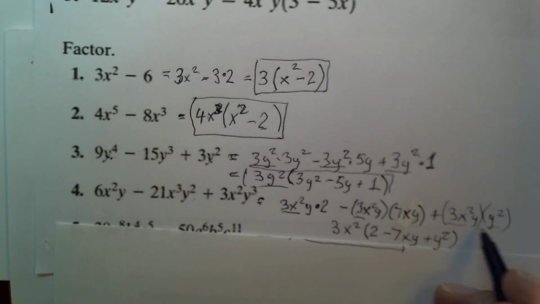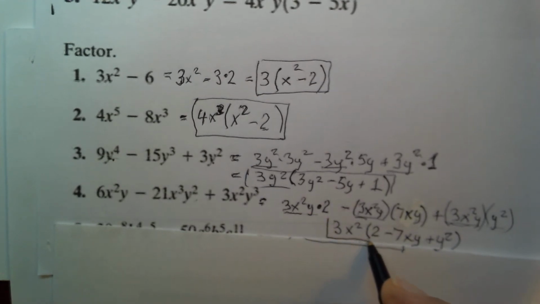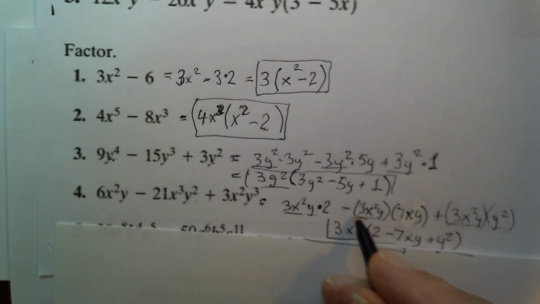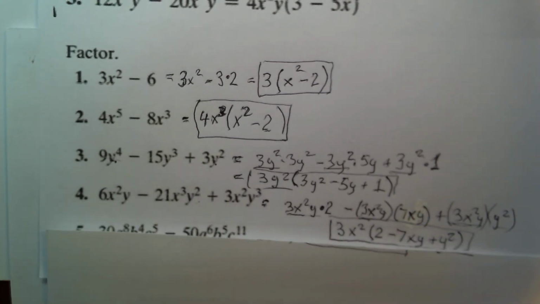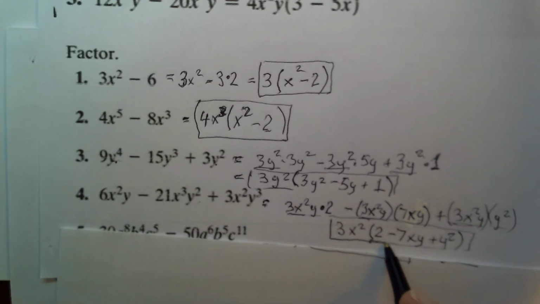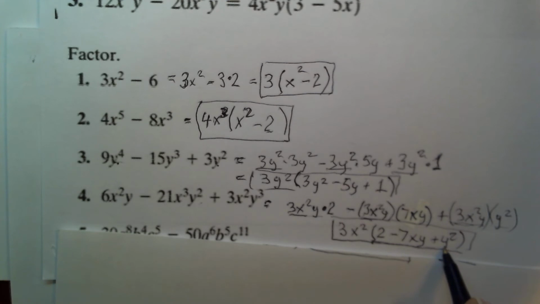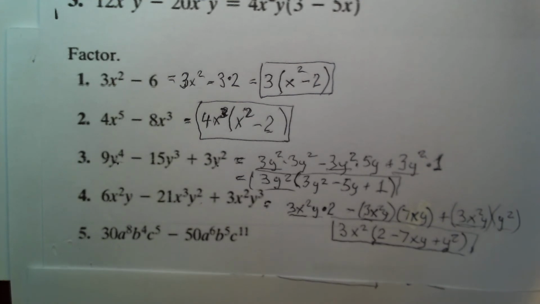That is y squared here, because we factor out the 3x squared y of each term. So this then is our final answer: 3x squared y times 2 minus 7xy plus y squared. And so it gets more interesting as we look at the various examples.